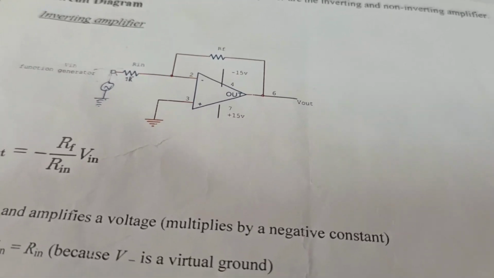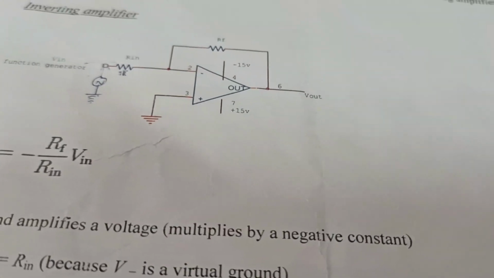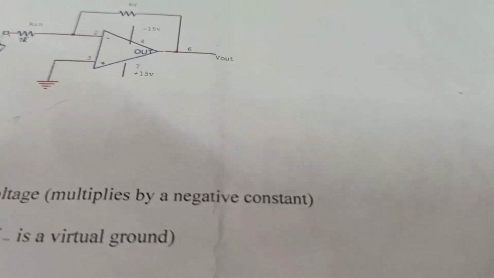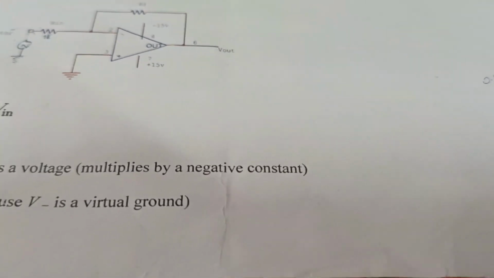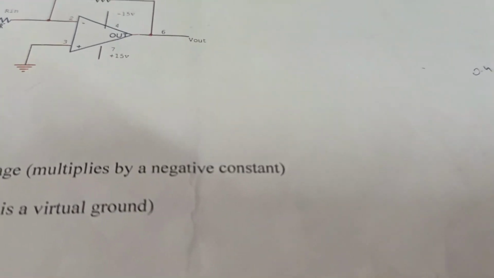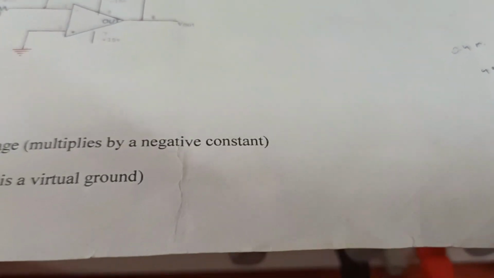See, this is an inverting amplifier. Whenever we are doing an inverting amplifier, we have to give the input to the inverting input only. If we are going to do a non-inverting amplifier, we will give the signal at the non-inverting input.